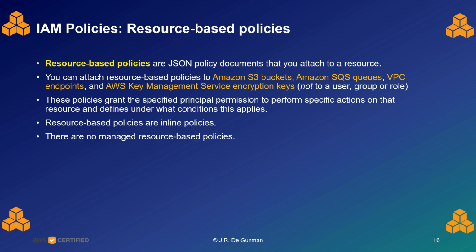So you cannot attach them to a user, group, or role. These policies grant the specified principal permission to perform specific actions on that resource and define under what conditions this applies. Resource-based policies can be inline policies as well, and there are no managed resource-based policies.